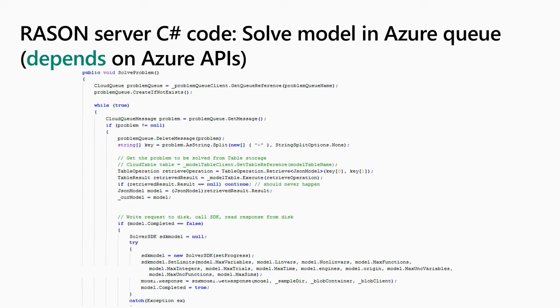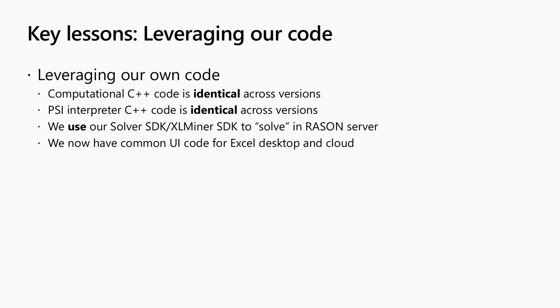This is obviously dependent on Azure APIs because it's reading from an Azure queue, and then it gets a reference within that Azure queue to an Azure table, and from the table it gets all the details about the problem that it's going to solve. And then it instantiates and calls Solver SDK. And then it's going to take the results and put them back in a place where they can be sent back through the front-end API. So that's just to give you a flavor of what that's like.